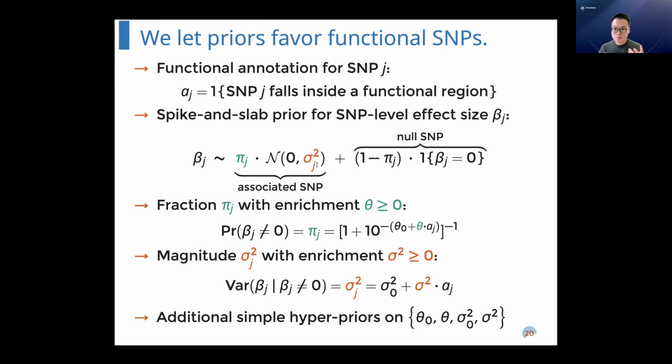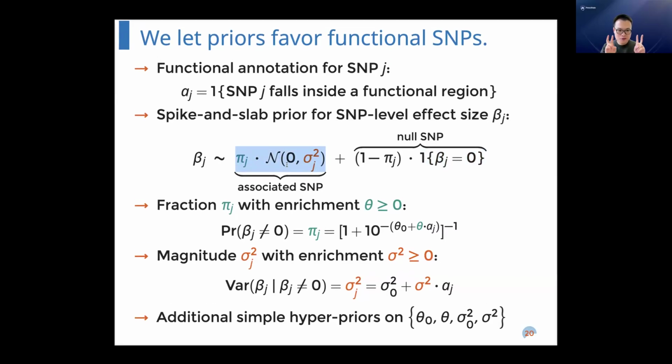So I'm going to use the simplest possible scenario where you only have one normal component and one zero component, okay? This zero component really doesn't tell us much. It just tells us, okay, this SNP-J is not associated with that trait, so it's less interesting. So my entire modeling focus will be now on the first component, okay?